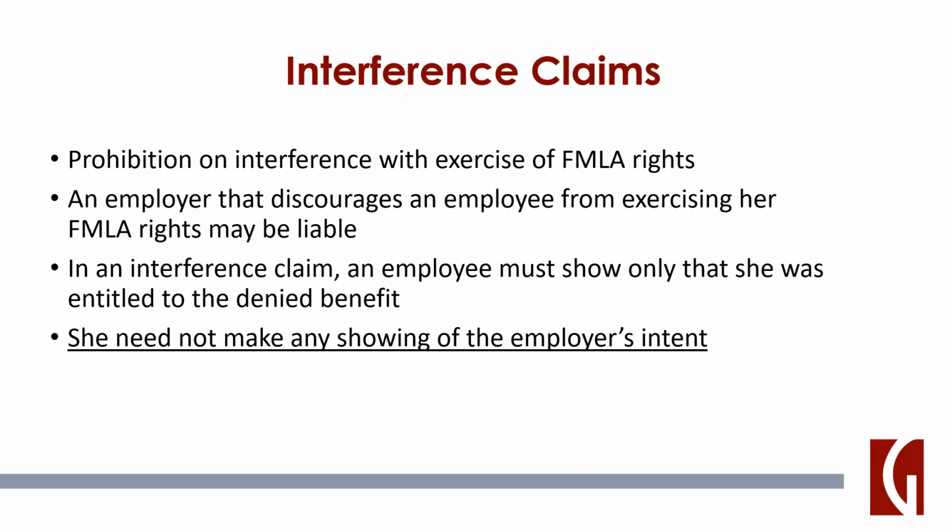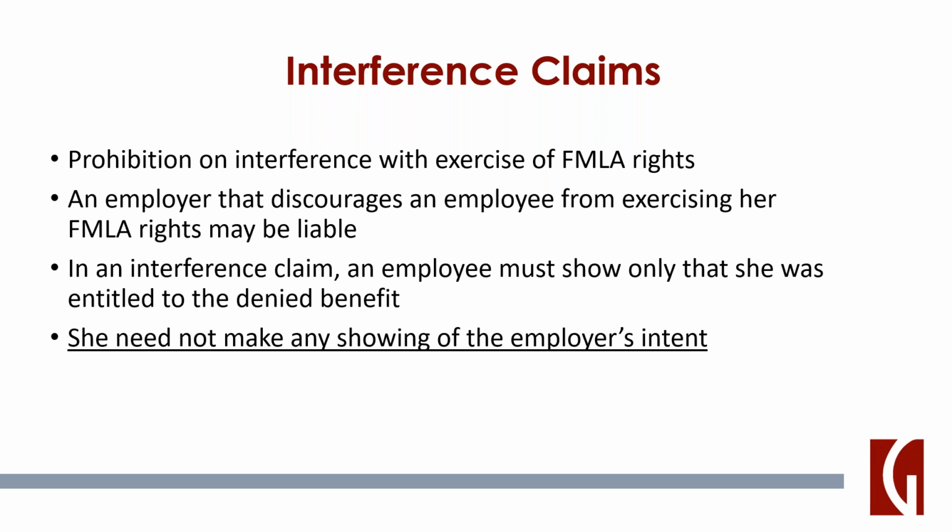So there's really fundamentally two different types of claims that you might see brought under the FMLA. The first one is an interference claim, and this claim arises out of the prohibition in the FMLA on an employer's interference with an exercise of FMLA rights.